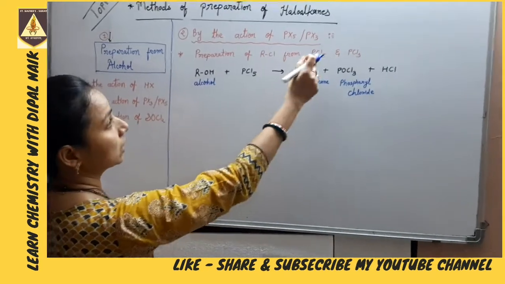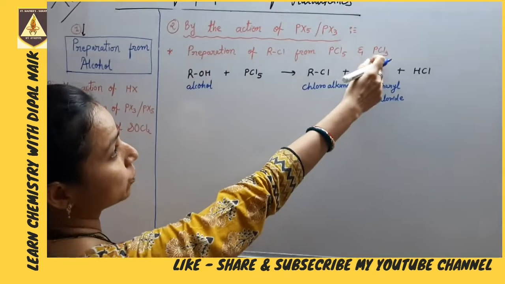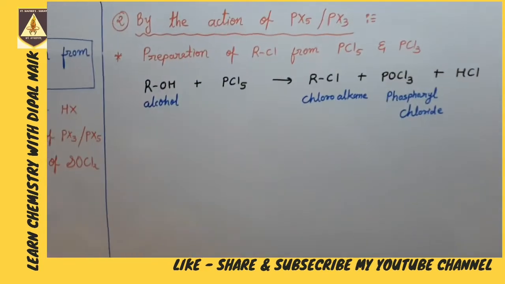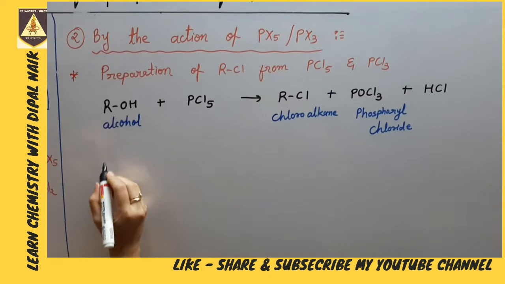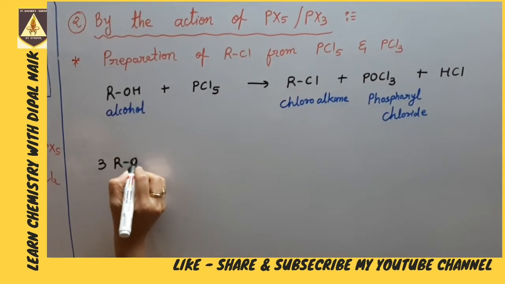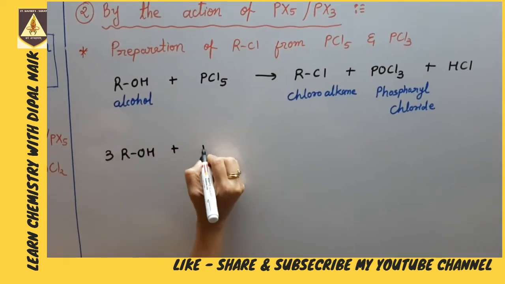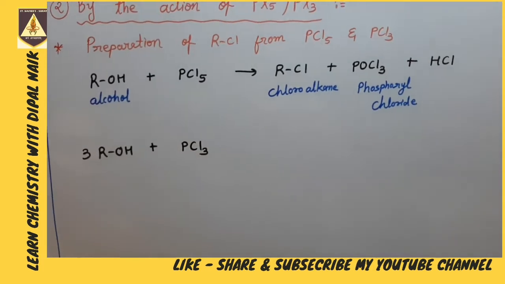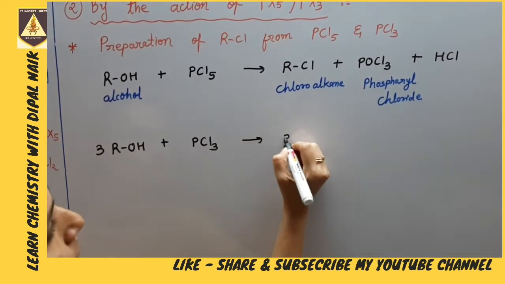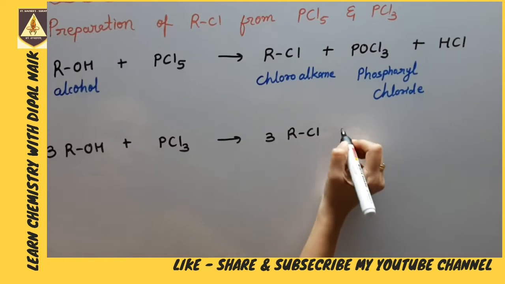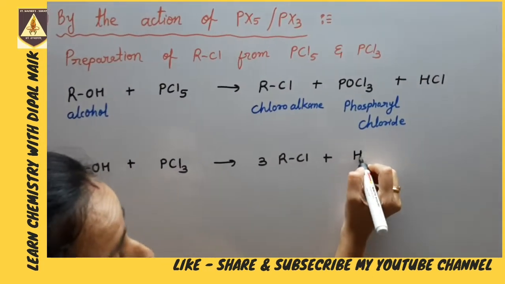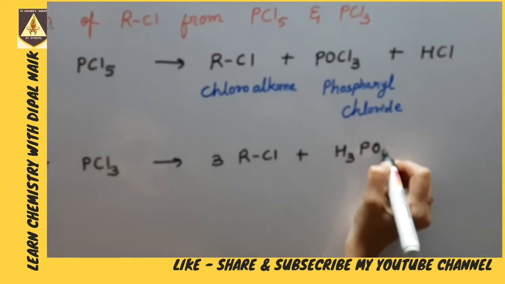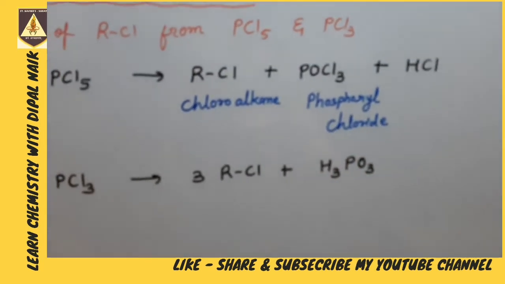Now another general reaction using PCl3. 3 moles of ROH will react, because here we have PCl3 with 3 moles of chloride, to give 3 moles of RCl, plus our byproduct, which is very important, that is H3PO3, phosphorus acid.